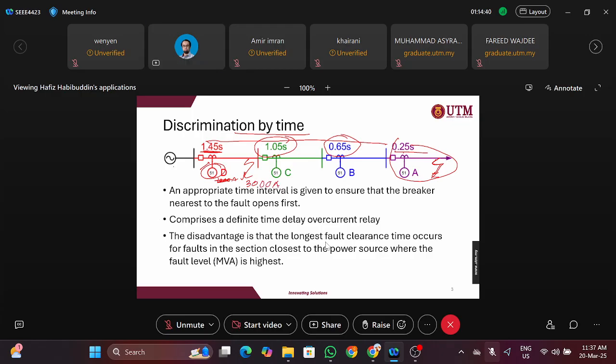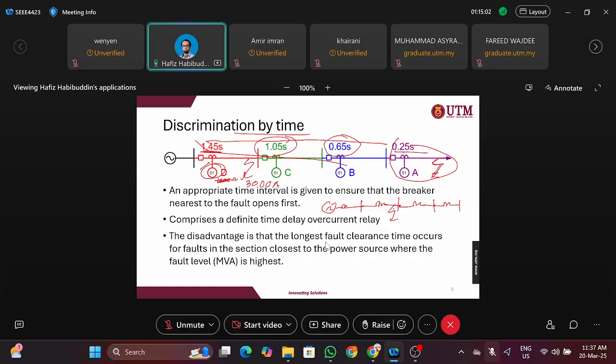The closer to the source, the larger the fault current. Because if you were to draw the equivalent circuit, you have a source impedance, then section B's impedance, section C's impedance, and so on. So the fault location determines the amount of current.